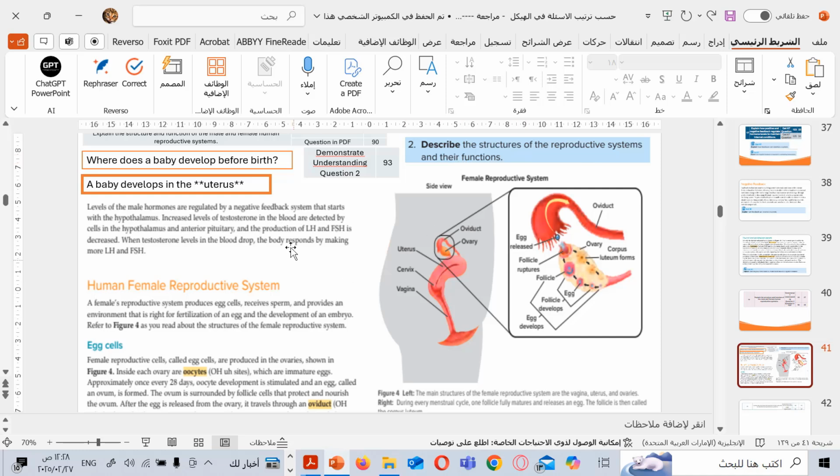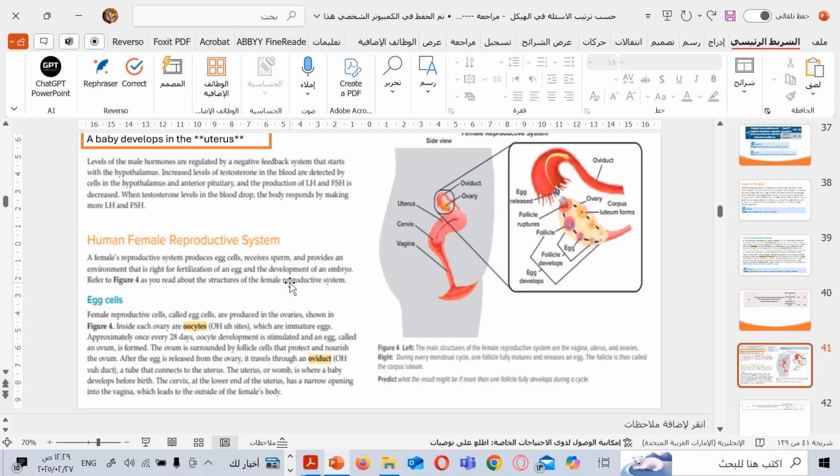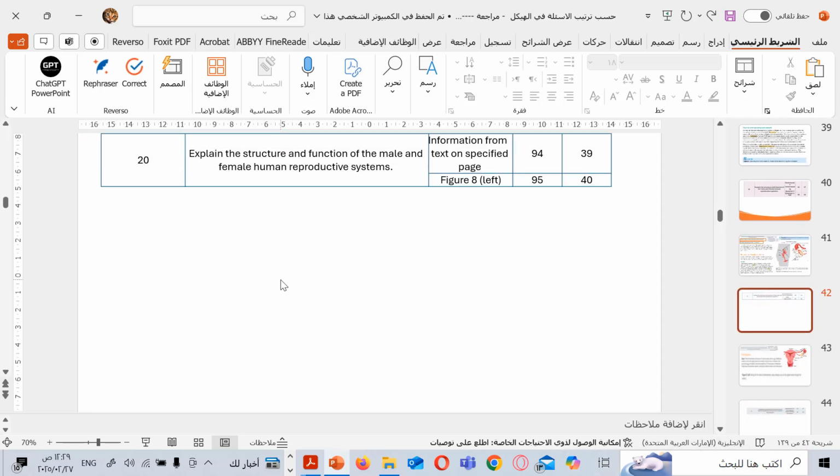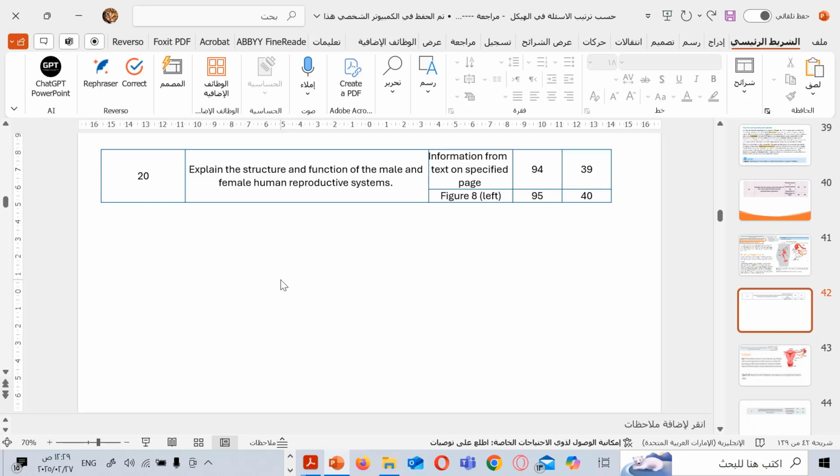Okay, because it's in uterus, this question is about the female reproductive system, so you must study the picture well and everything in this chapter well. Okay, let us go to question 20.